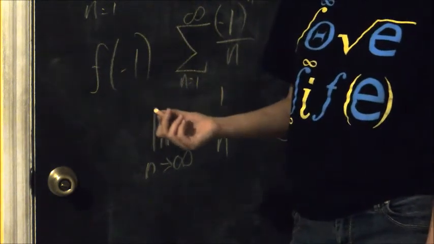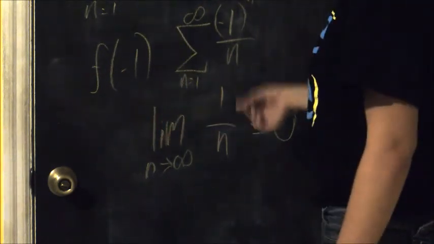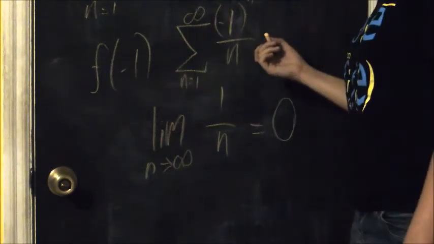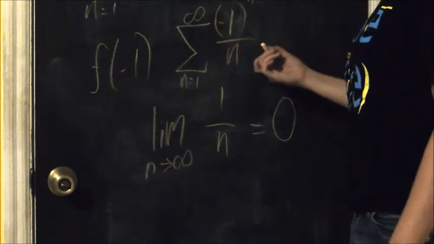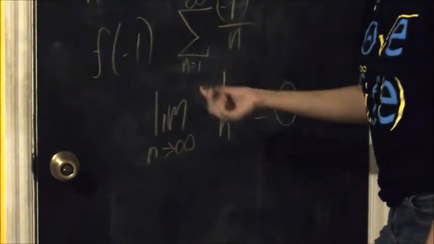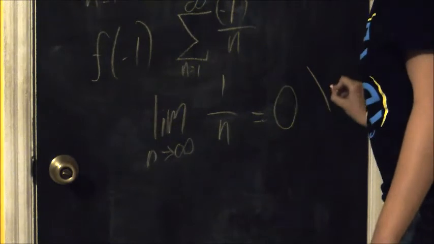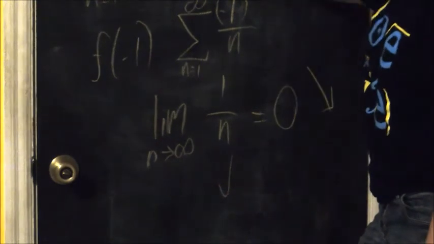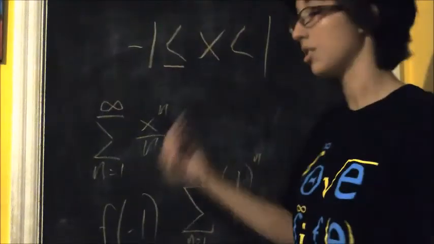According to the alternating series test, if the limit as n approaches infinity is 0 and it's decreasing, and we can tell that it is because as we plug in more points into n, we see that this series is decreasing, then it converges. So yes, it is convergent. So up here, we know that it's included.